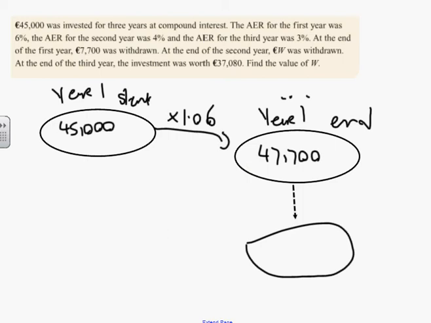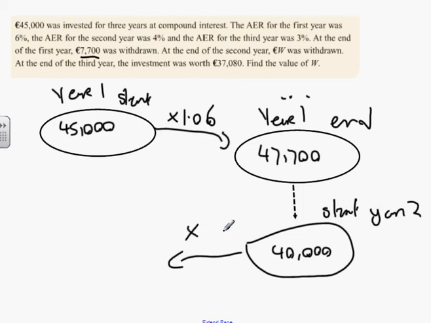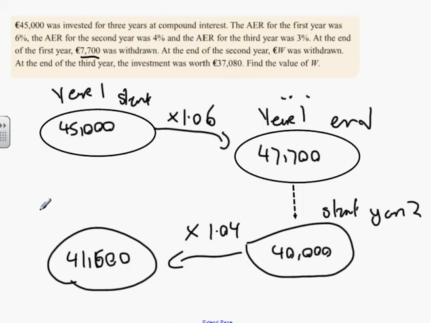Oh, it says it there. Yeah. Your 7,700 is taken out. You're back to 40,000, and this is the start of year 2. Then you multiply that by 1.04, and you're left with 41,600 at the end of year 2.